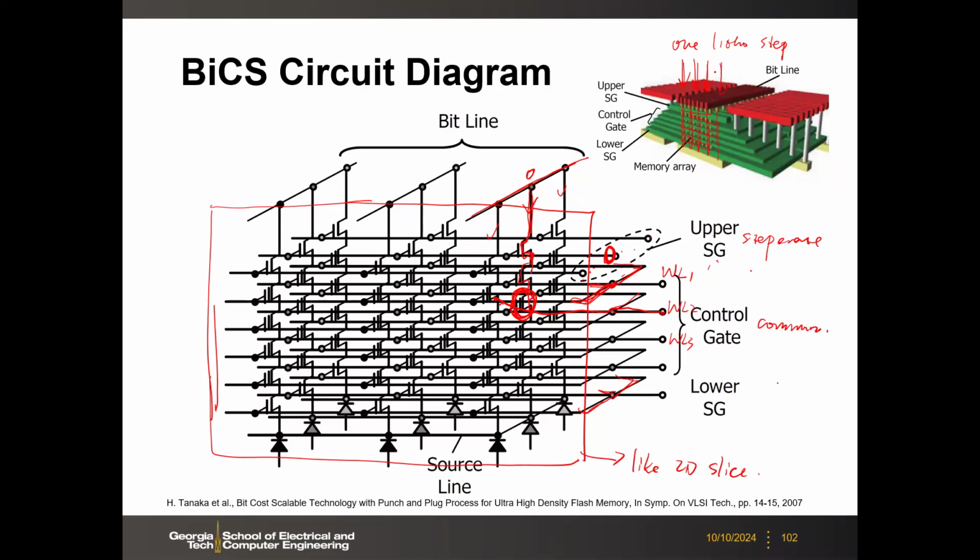So this is good for this memory array region. But then for the VLAN connection here, you need to make this contact via access to different layers. It's unlike in the middle, where you can etch through all of them together, right?